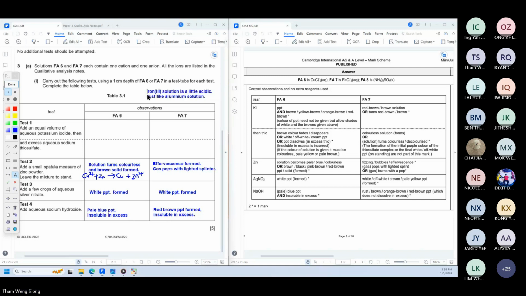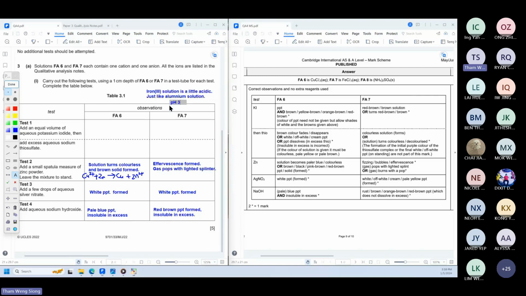Okay, I know you guys may be confused. Sir, why is aluminium solution acidic? Aluminium chloride, in water, what's the pH? About 3 to 4.